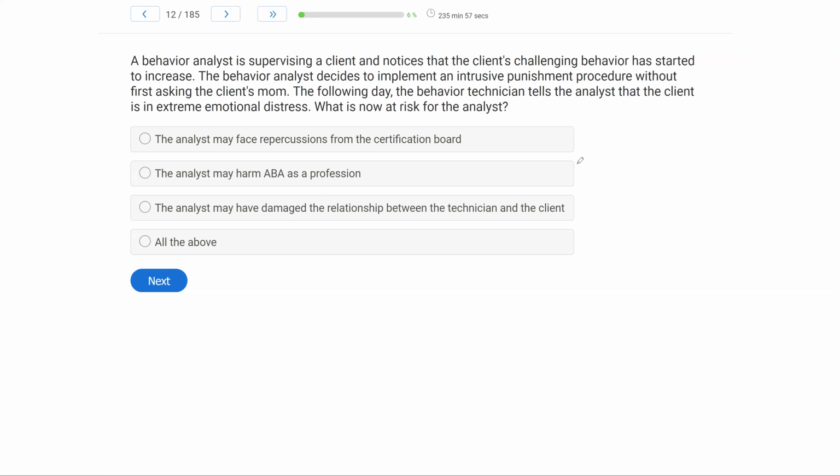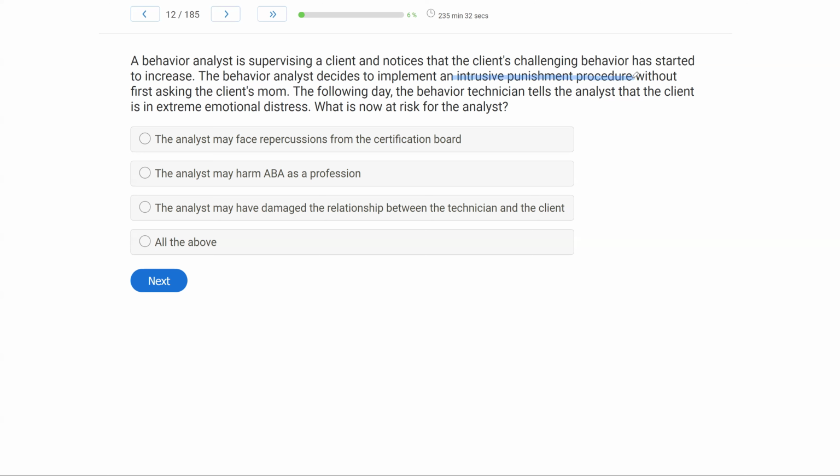So as the analyst, your primary role essentially is to design these treatments and make sure they're ethical, safe, and effective. Whenever you make a major change, you always want to get consent from the stakeholders. In this case, a behavior analyst has a client with challenging behavior, and they're going to implement an intrusive punishment procedure.